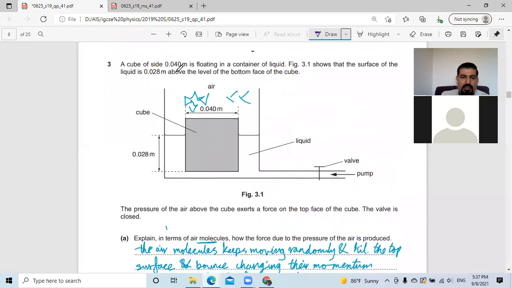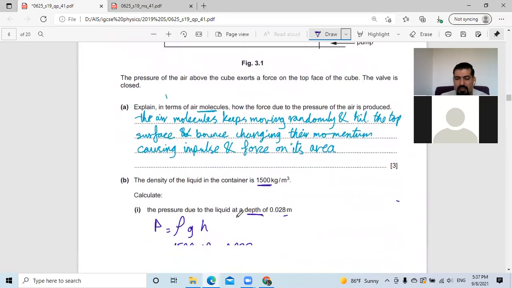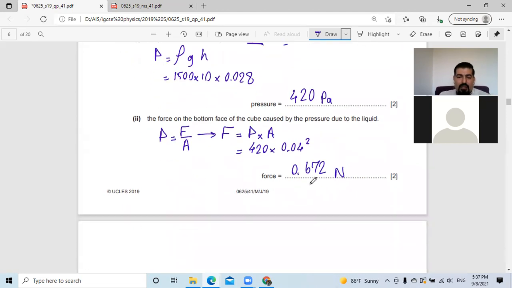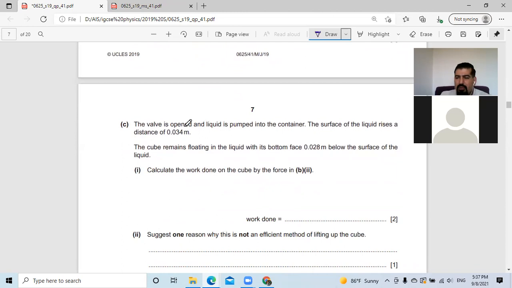They tell us that it's a cube of 0.04 meter side. So we write 0.04 squared, because this is the surface area, length times width, and since it's a square, the answer is 0.672 Newton.